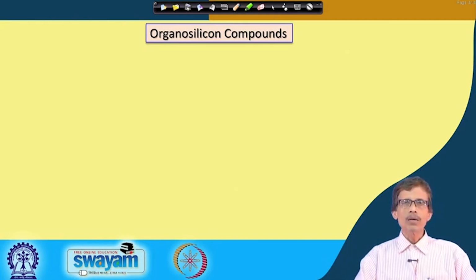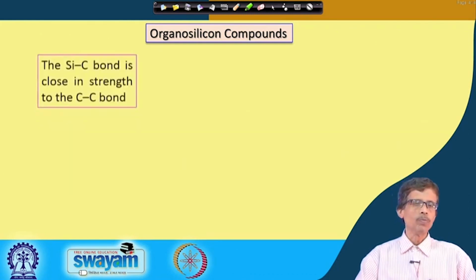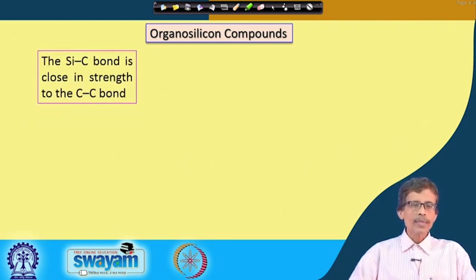So, organosilicon compounds, as the name says, have a carbon center attached to a silicon center, that means a carbon-silicon bond will be there. And this Si-C bond is close in strength to the carbon-carbon bond. So, we know that you can have a carbon-carbon chain or a polymeric unit like polyethylene, which can be considered a simple polymer with a carbon-carbon backbone.